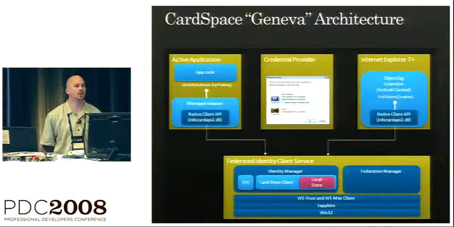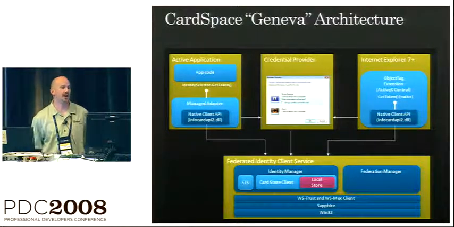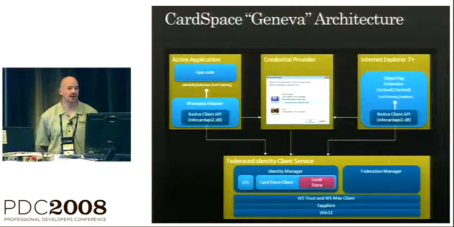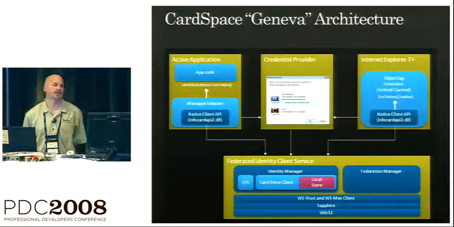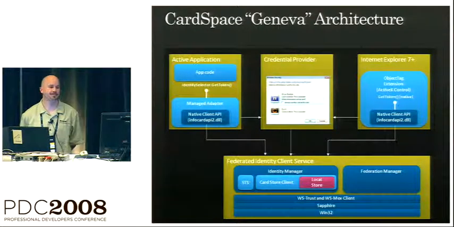It's just CredUI, and we're a credential provider within CredUI. And the native client API simply interacts with that, which then makes calls back into the client's identity manager in order to query for the right cards to display to the user, in order to give them access to those cards and let them choose the right ones depending on the context.